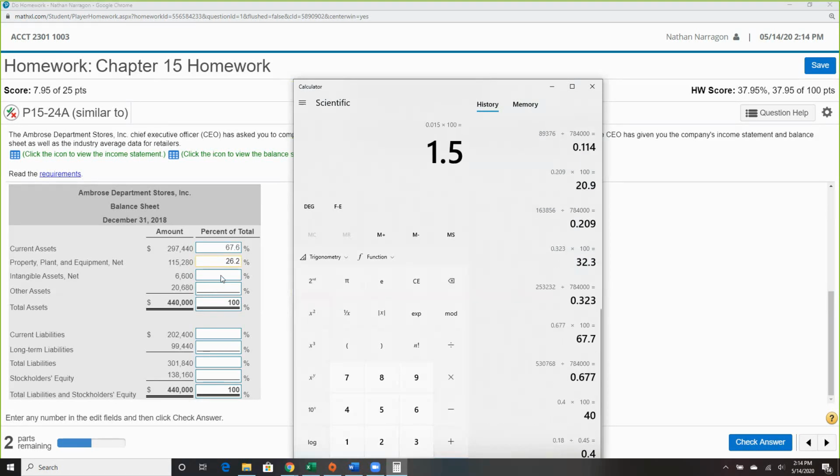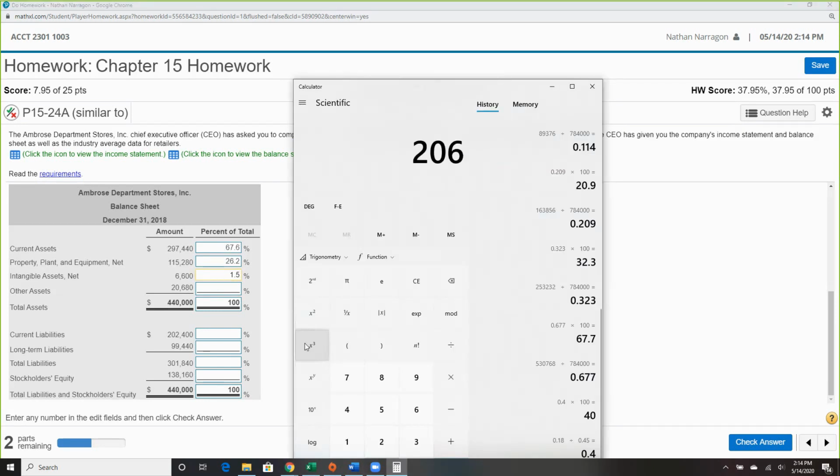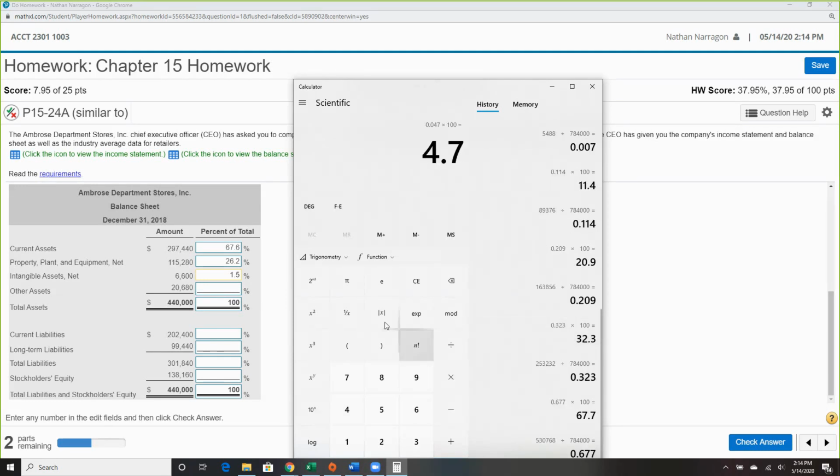About 1.5 in intangibles. And then finish it off. About down to 100, 4.7.